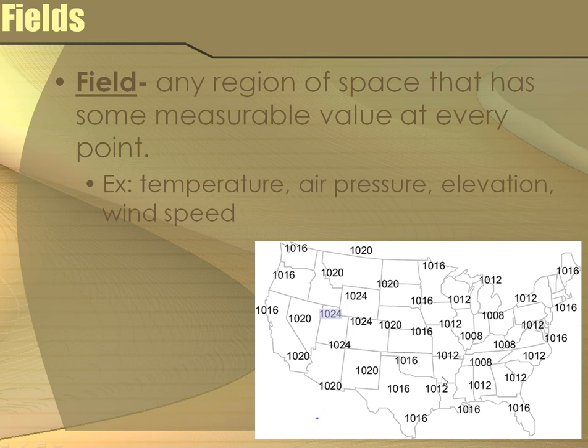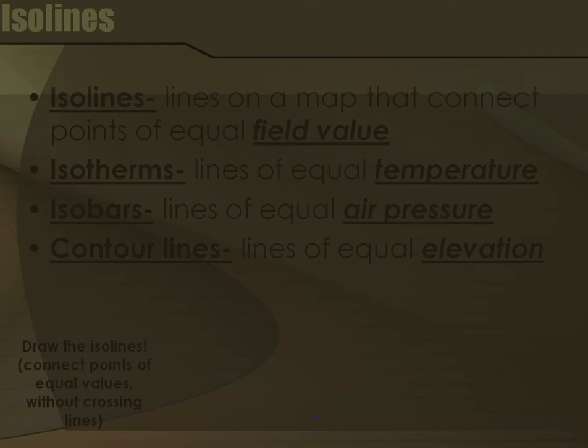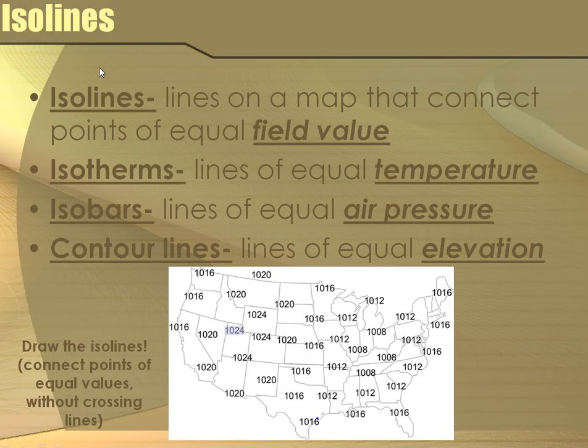The problem is that the raw numbers are rather confusing to look at, so we have to do something with them. What we do is we create iso lines. Iso means same. So they're lines that connect points of the same value. A basic iso line shows whatever the local field value is.